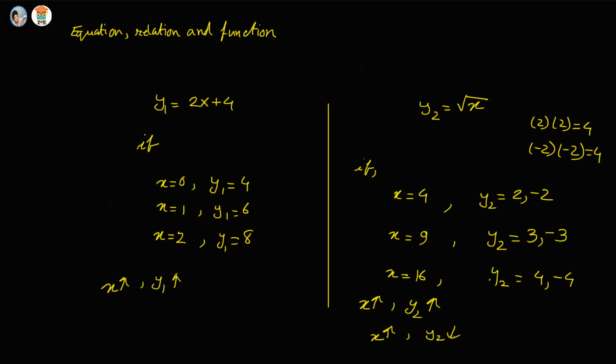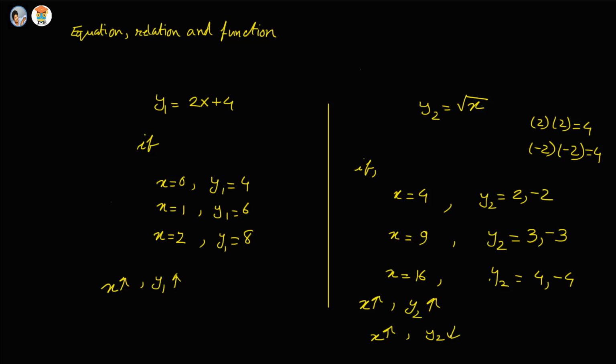Now, what is the difference between these two examples? In the first example, there is a specific relationship between x and y1. The specific relationship is that as x increases, y1 increases. But in the second example, as x increases, for positive values of y2, y2 increases. For negative values of y2, y2 decreases.